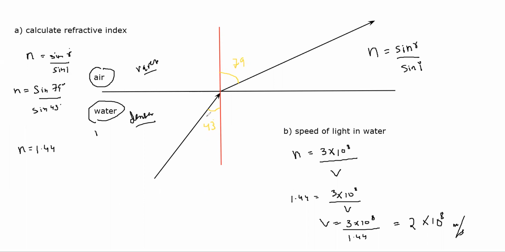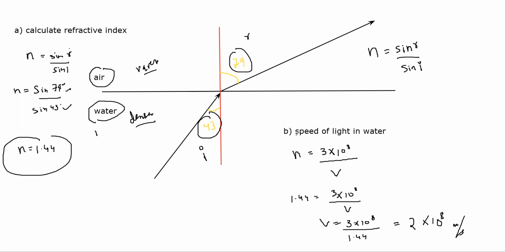The angle at which the light strikes is the angle of incidence. The angle at which the light bends is the angle of refraction. Angle of refraction is 79, so I put 79. Angle of incidence is 43, so I substitute 43. So sine 79 divided by sine 43, I'll get 1.44.